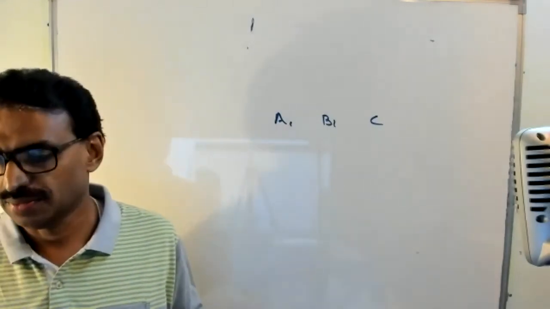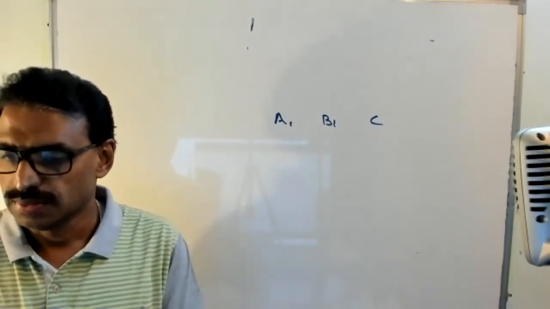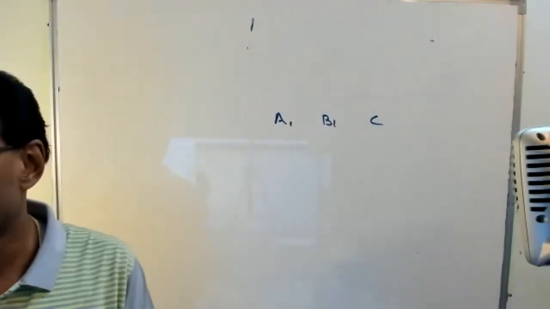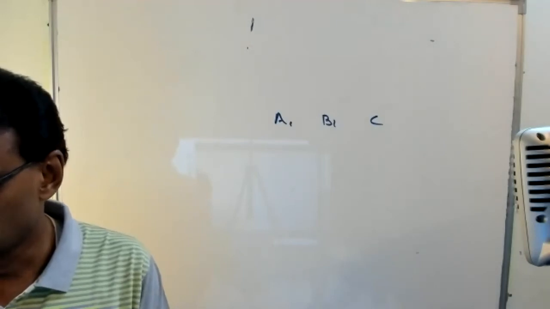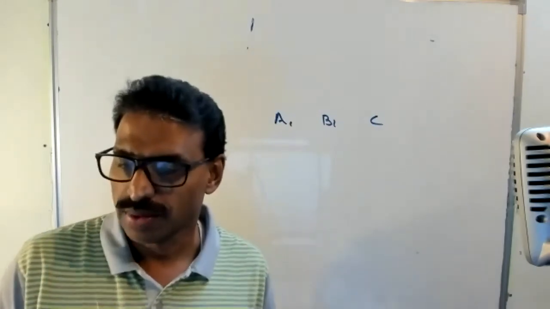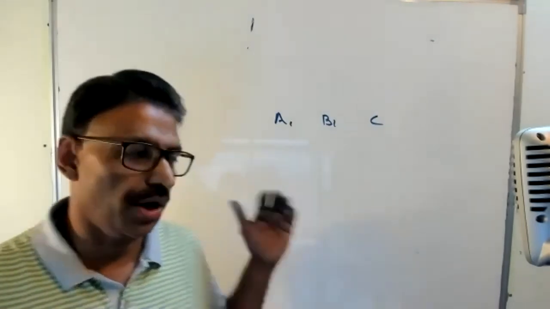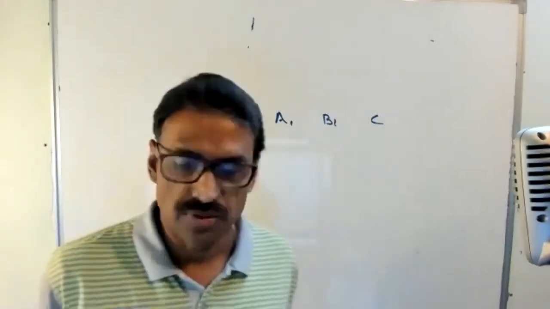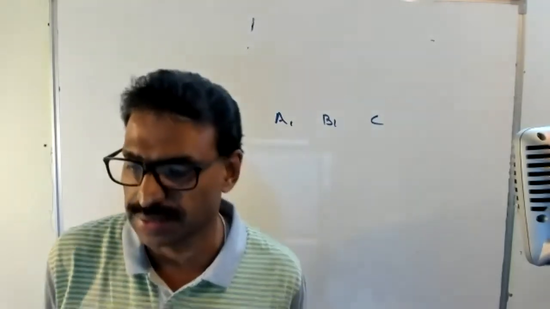Then collinear means what? Why no one responding? If three points lie on a straight line, then how to show? Three coordinates are given, how to show triangle? Just now we showed the sum of the two sides is greater than the third side.